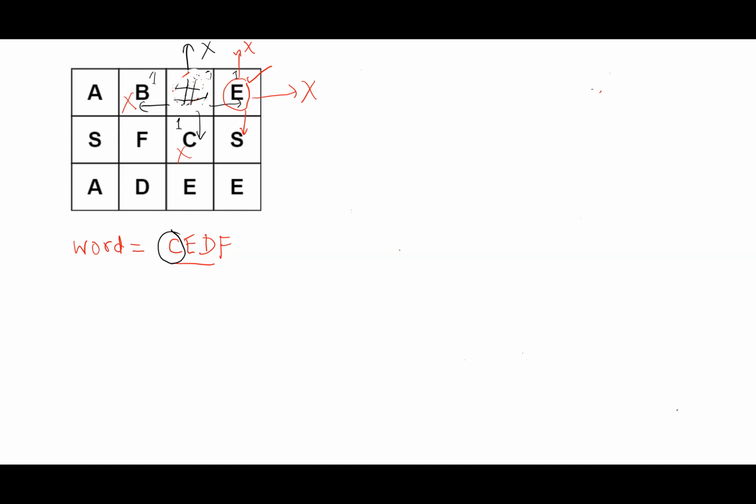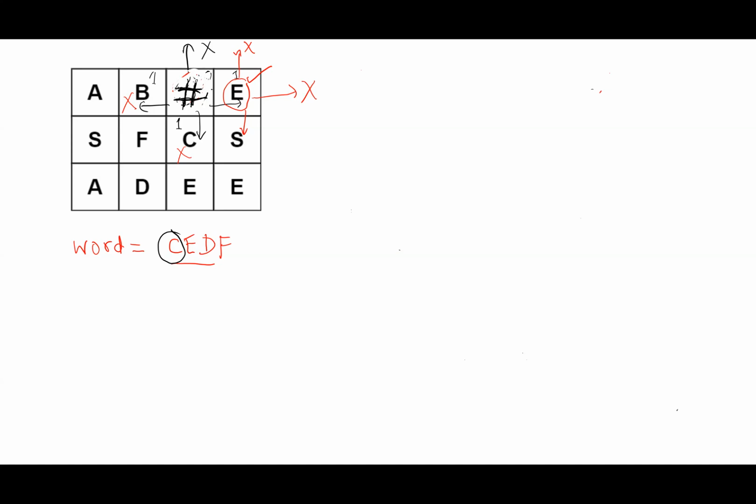You can ask your interviewer what characters are not valid, and replace it with the invalid character. So now, if you try to go in all 4 directions, these 2 are ruled out.